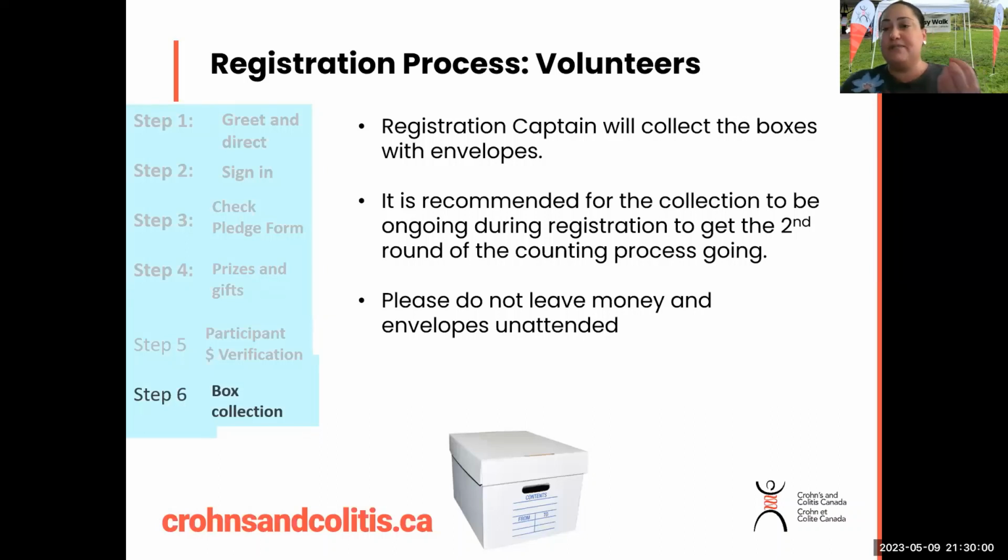Because when we receive the money, if we don't have a pledge form and just an empty envelope, it will be hard for us to reconcile. But if we know that the information is already available in the participant center, then we will be able to go and pull the information from there. In that case, registration volunteers don't need to ask the participant to fill it out again.